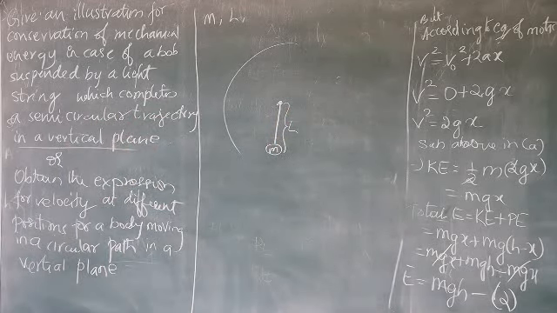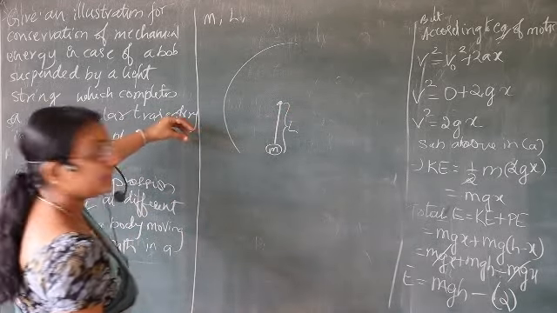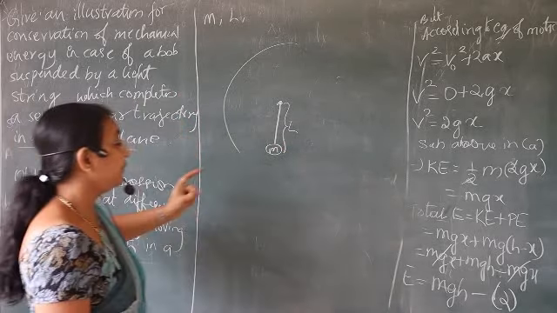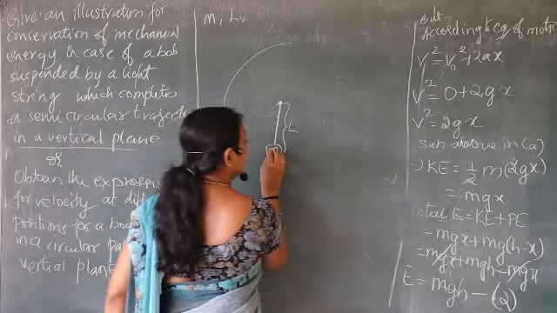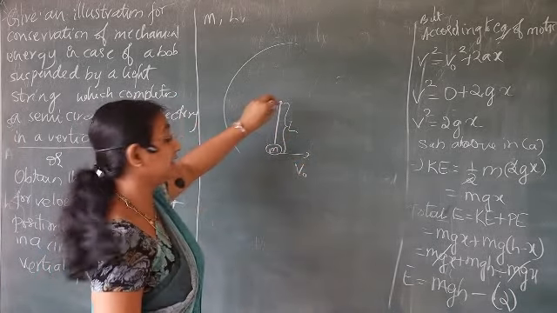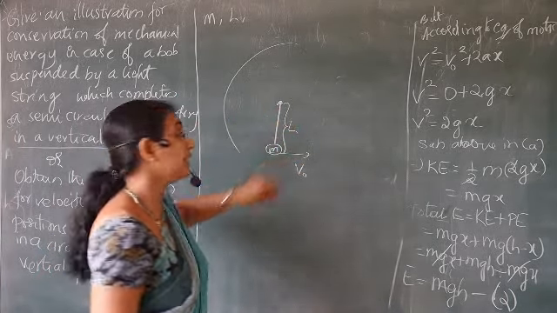In a lab, what you wish to do? You wish to give the oscillation, correct? Like this, pull it, leave it, it goes to oscillate. Now what we will do? We will give it a horizontal velocity V0. It is fixed at the center O.